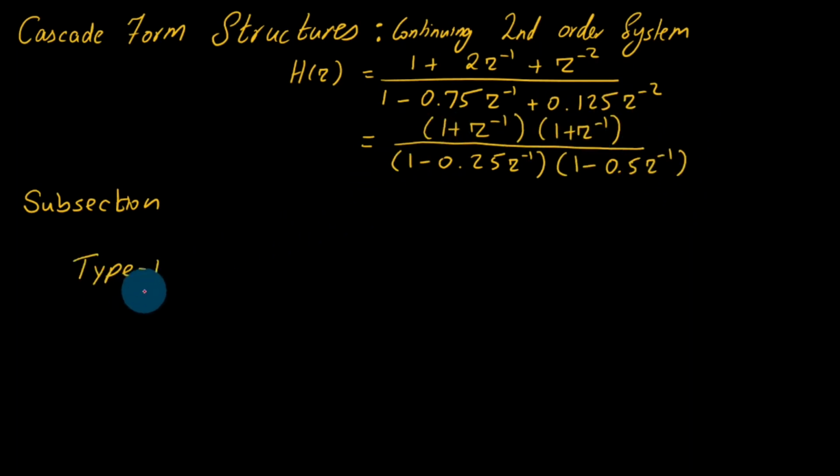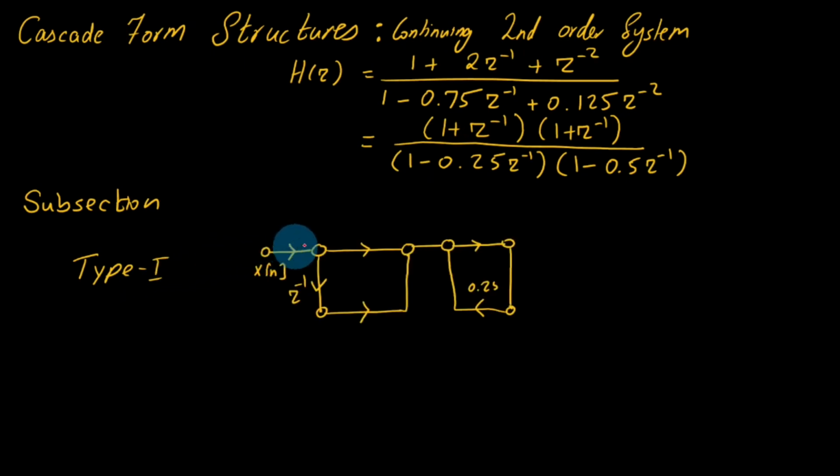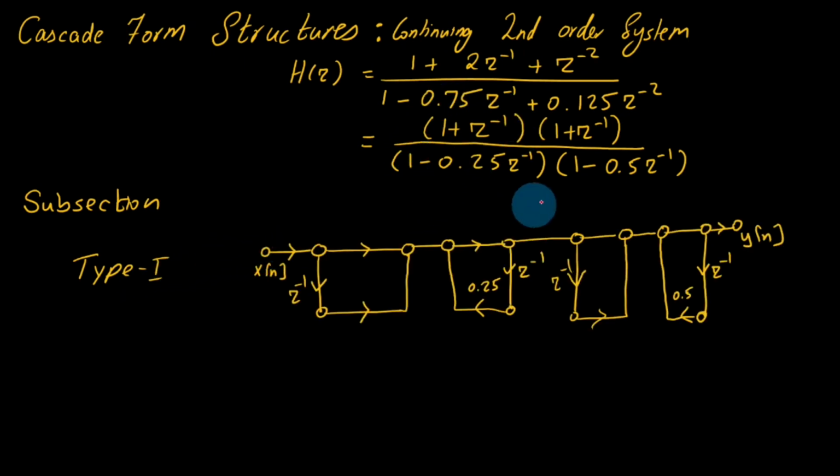So over here we have represented this and this in type 1 form, that is the 0 part is over here, followed by the pole part which is over here. Moreover, the zero part again is reflected over here and the pole part is represented over here.